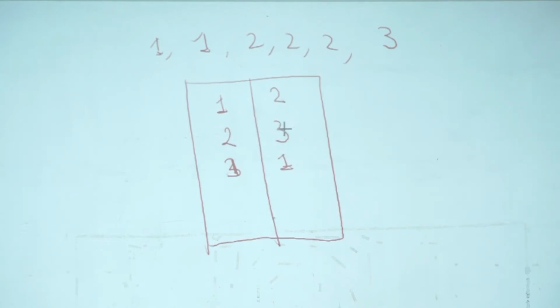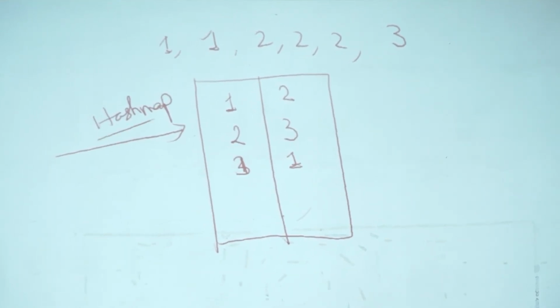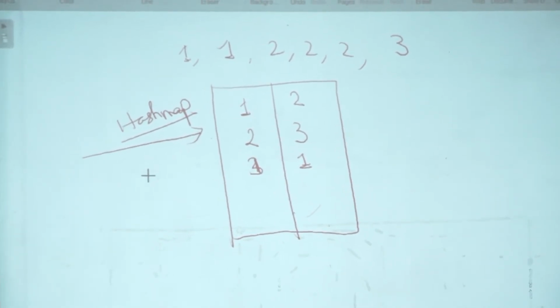Then you could collect the keys. Now this is easy to do. This is a hash map. Now what you could perhaps do is, you would want to order this data, that is 1, 2, 3, depending on ascending order of their frequencies.